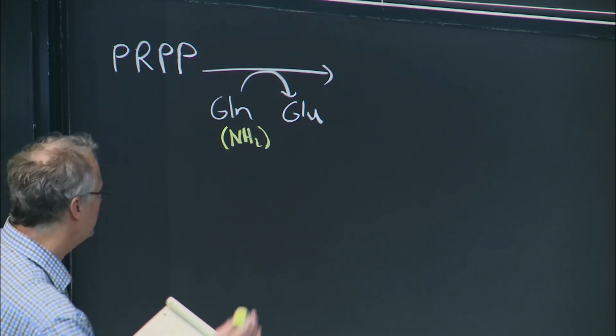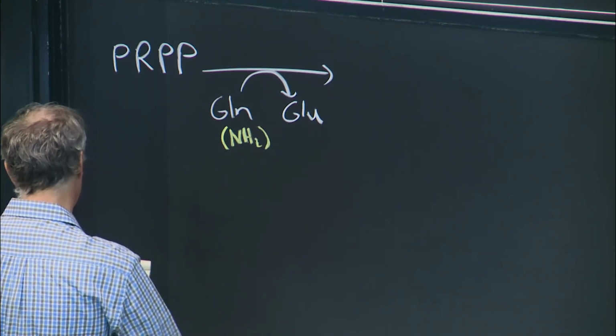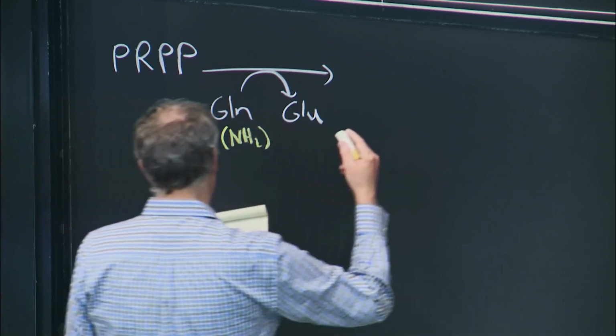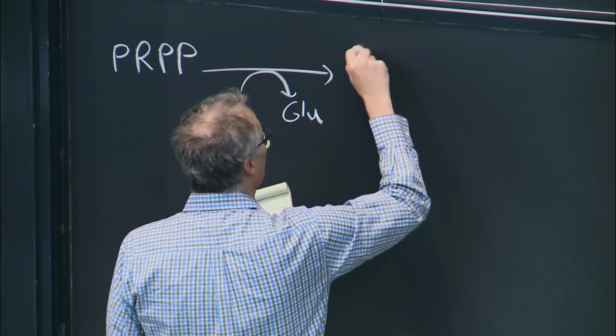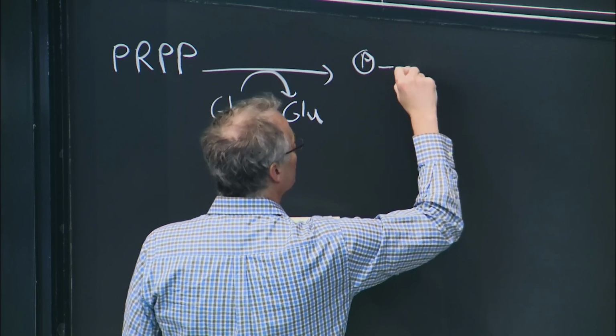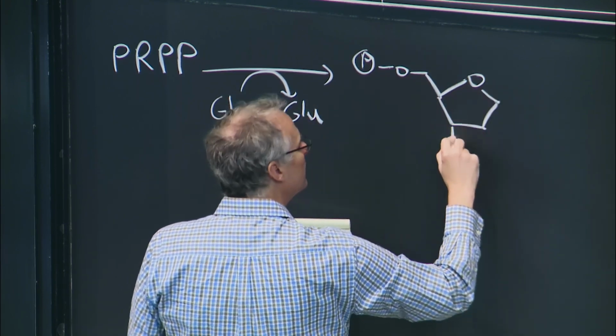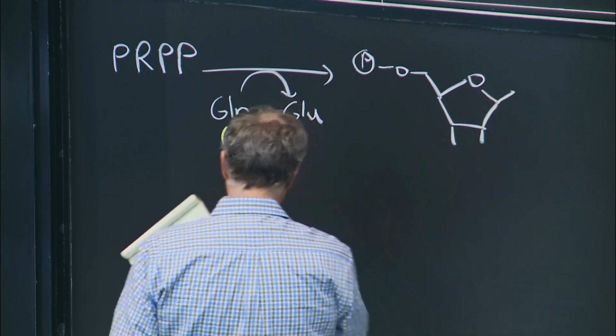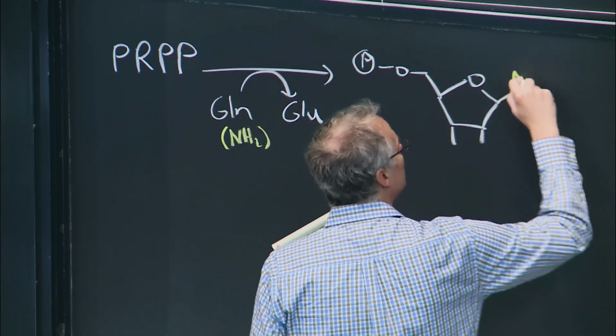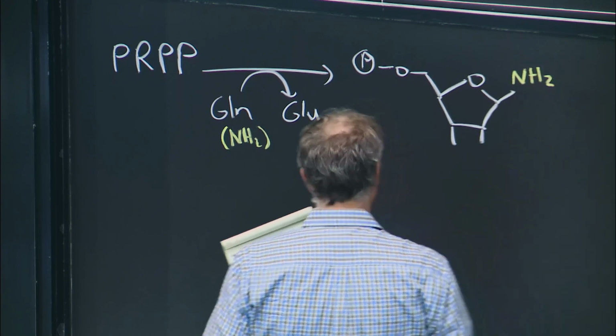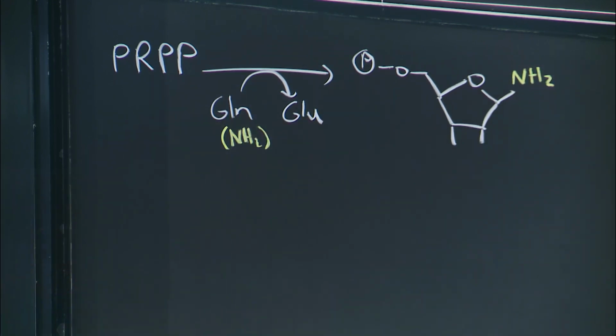That was one way to put an ammonia onto glutamate to make glutamine. And so this ends up carrying out the reaction that I showed you earlier, and adds a nitrogen to the ribose sugar, giving you this compound.